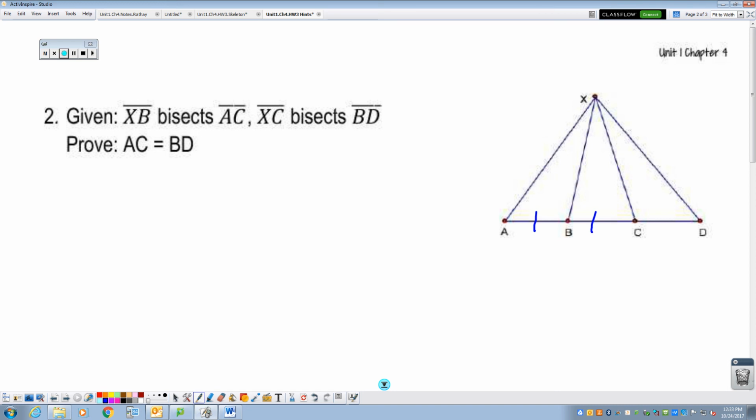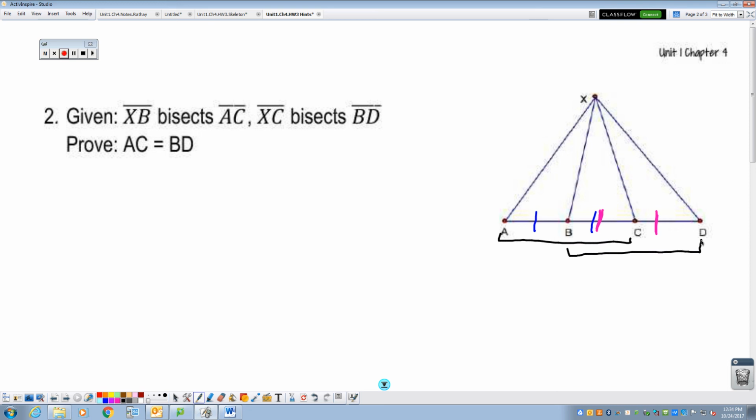Then we're also told that XC, this guy, is bisecting BD. So that tells me that this segment is equal to this segment right here. So the blue is equal to the blue, the pink is equal to the pink. And our goal is to prove that AC is equal to BD.